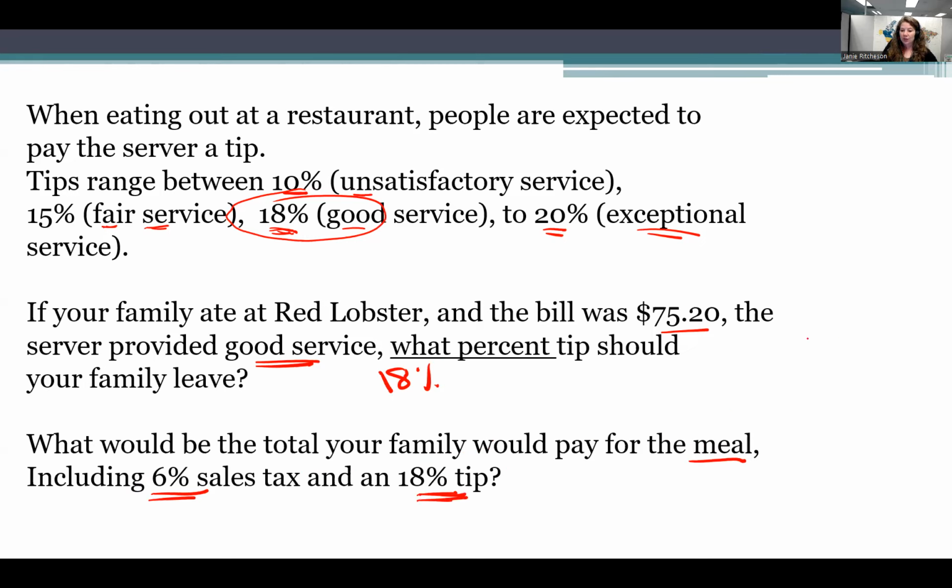So we're going to find first our sales tax is 6%. So we want to go ahead and find 100% of the meal plus 6% is 106% for the meal with a sales tax. So we're going to multiply 75.20 times 1.06 first.